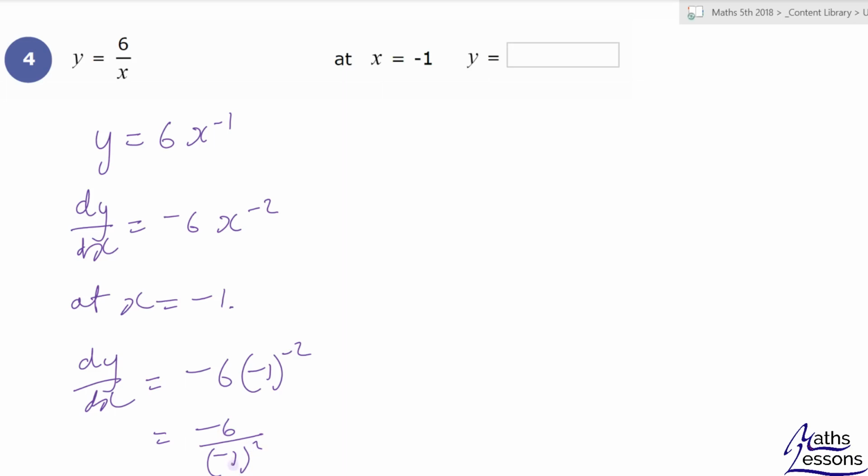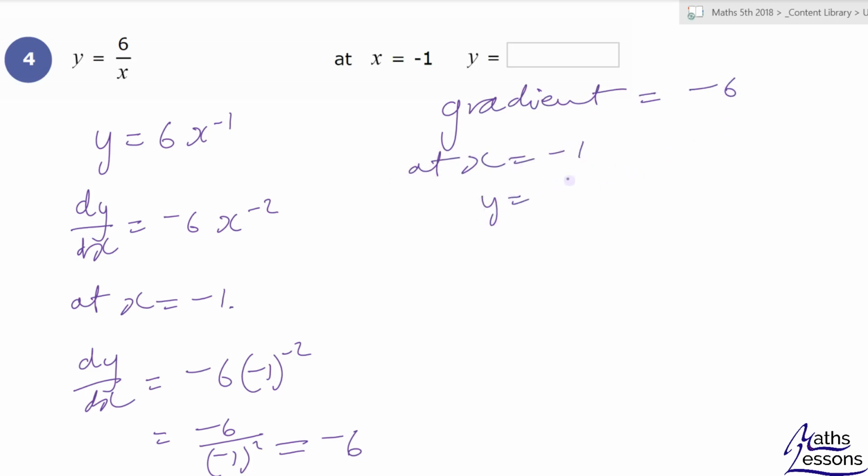Minus 6 divided by 1, we get that equal to just minus 6. So the gradient will equal minus 6. At x equals minus 1, we can find the y value is 6 divided by minus 1. So therefore the y value is also equal to minus 6.